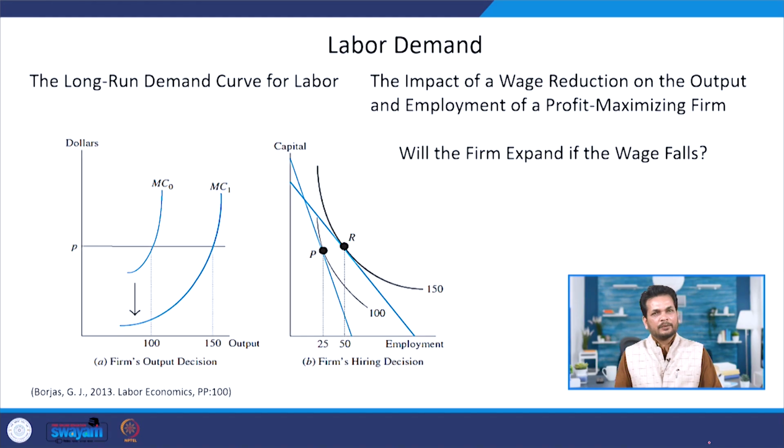Now, what happened when there is a reduction in the wage? The marginal cost, earlier it was this, now it has declined. So, a declining marginal cost will induce the farm to produce more.